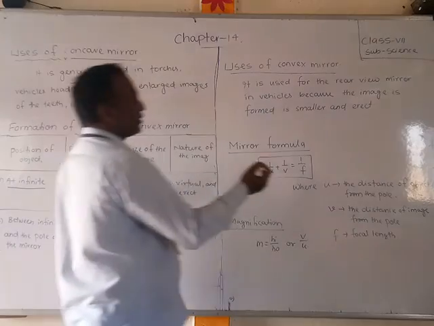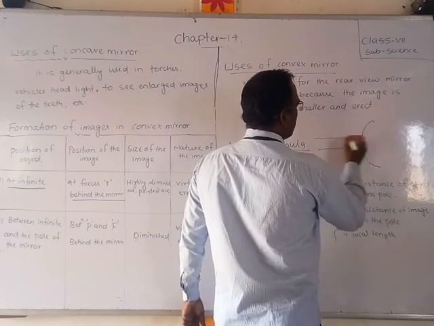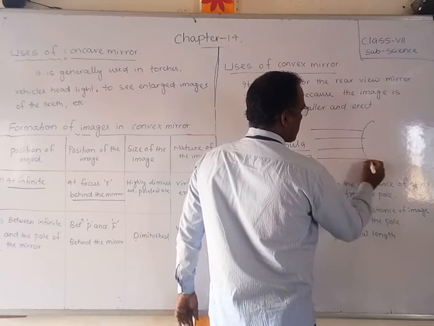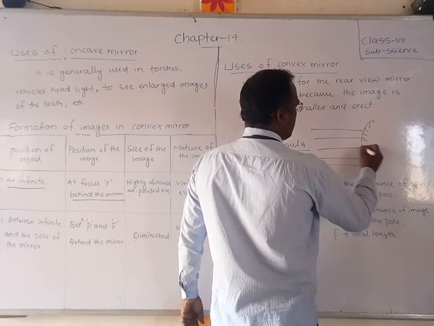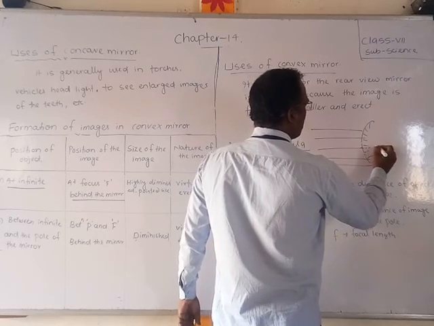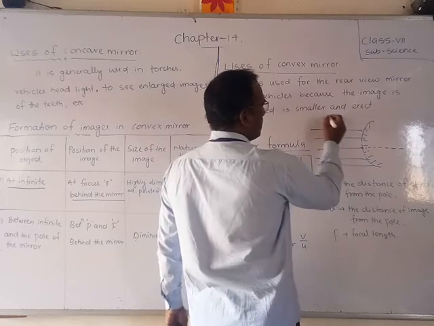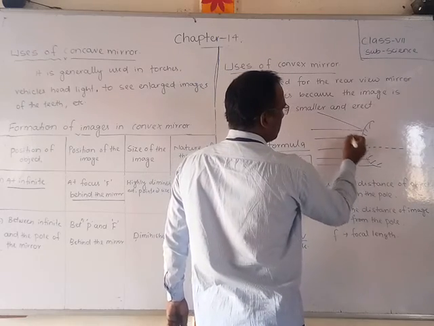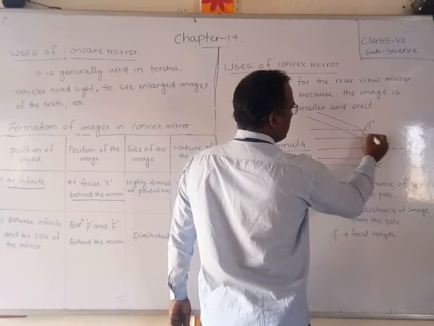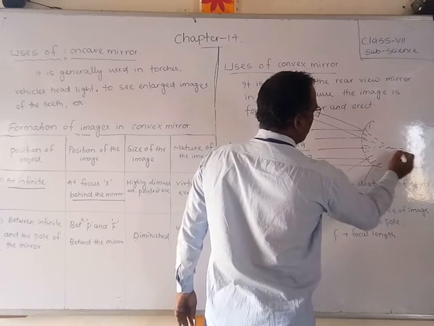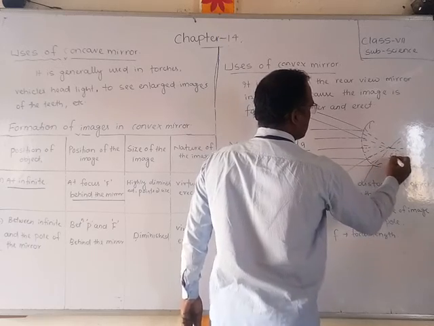Here is the convex mirror and this is the pole. If you extend the dotted lines, what will happen? If the rays are coming from infinity, the extended rays meet at a point, that is called the focus.